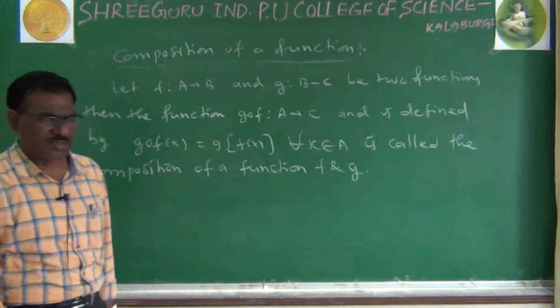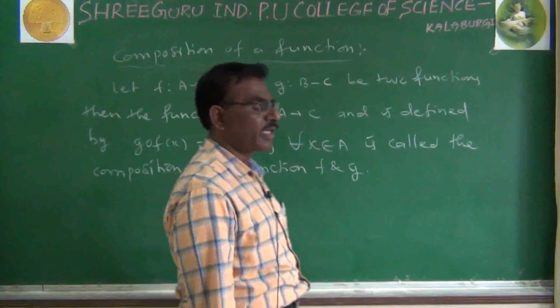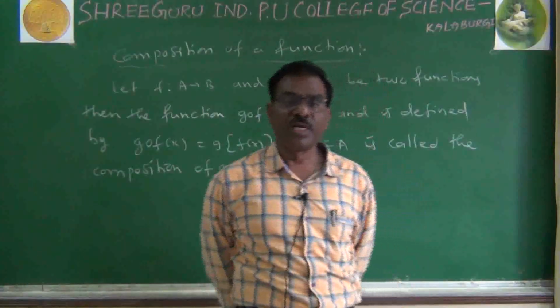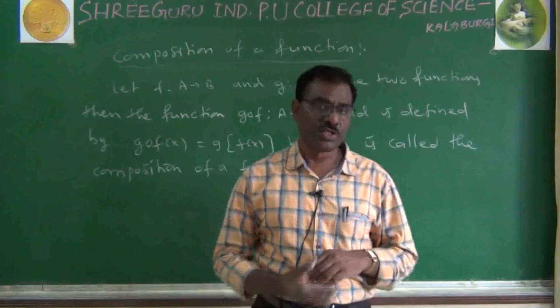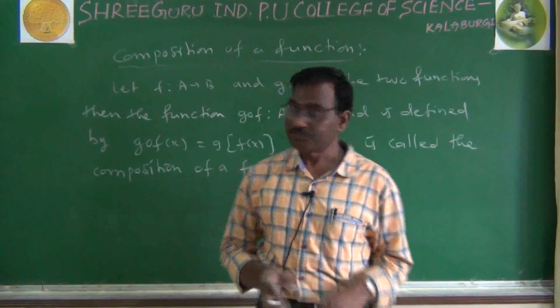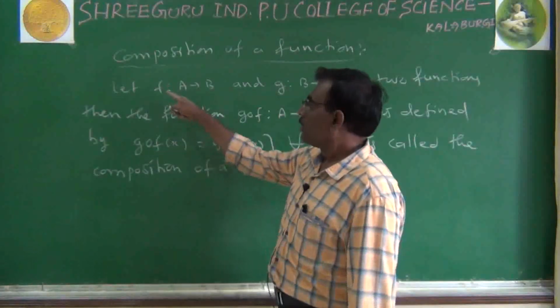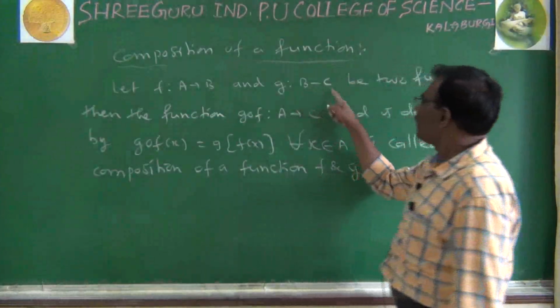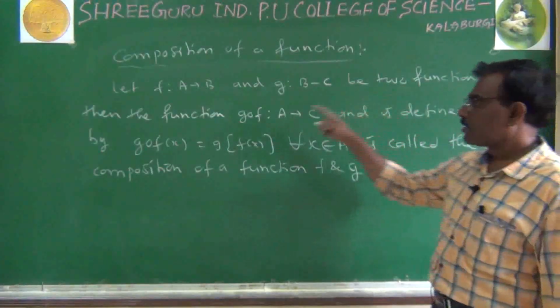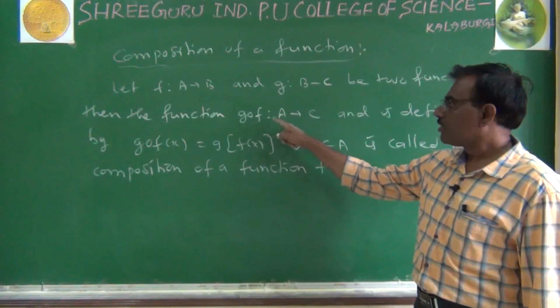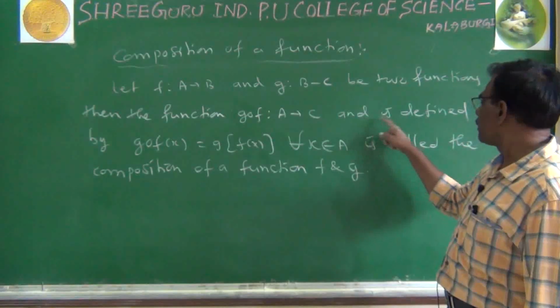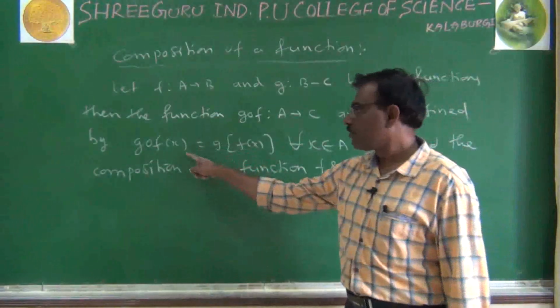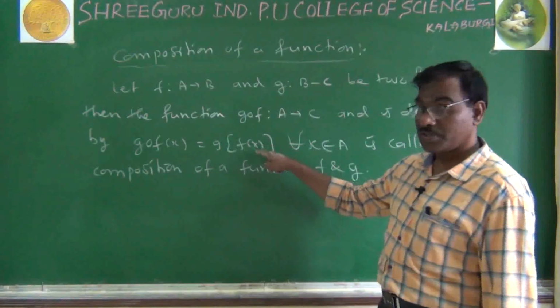Sometimes the unexpected question is: define composition of two functions f and g. Now we start. Let f from A to B, g from B to C be two functions. Then the function g∘f from A to C is defined by g∘f of x is g of f of x.